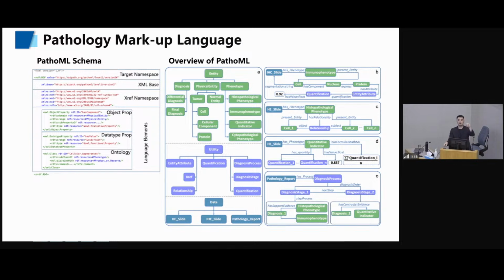There will be a node storing the metadata of that image, including patient ID, slide ID, or the format. That node links with all the semantic nodes, which represent the information contained in that image. So yes, the image would be one of the nodes.